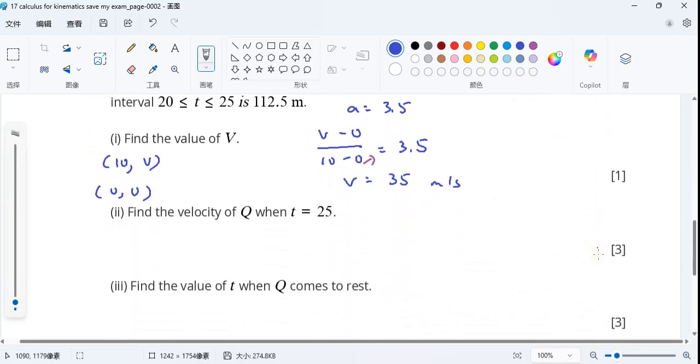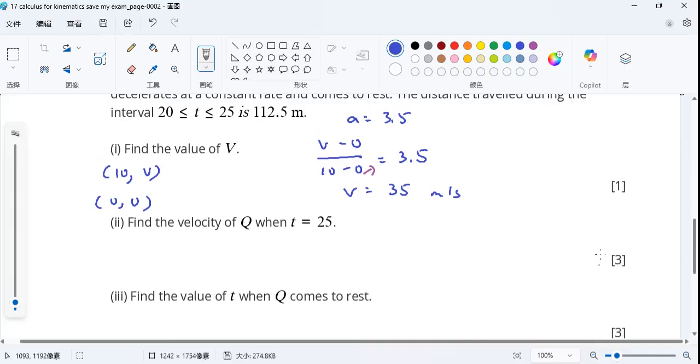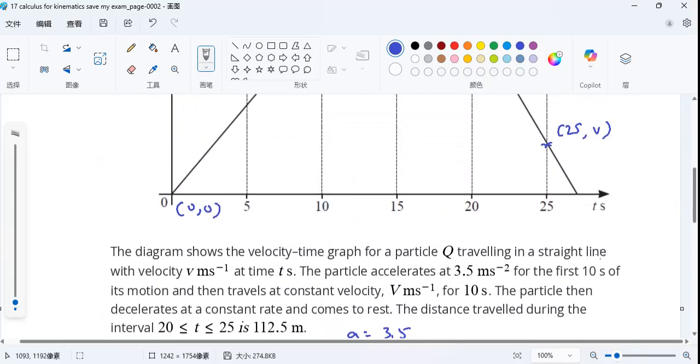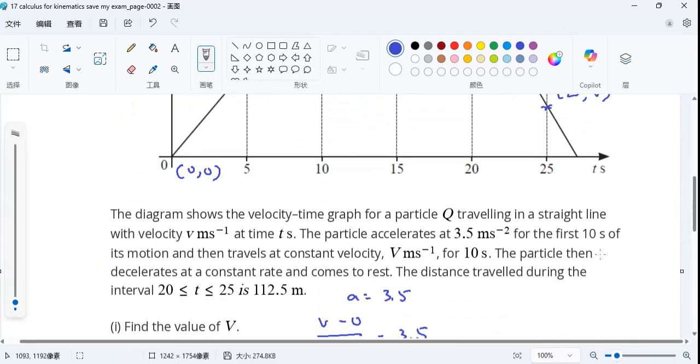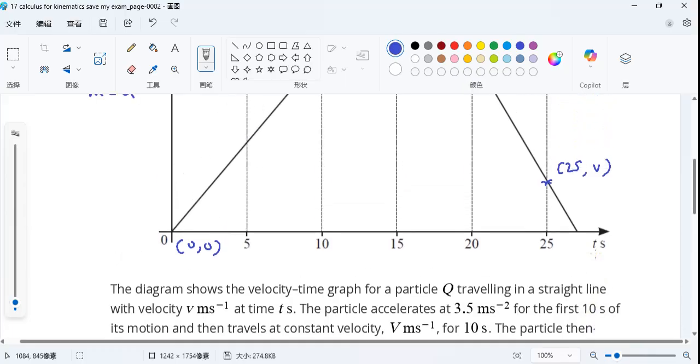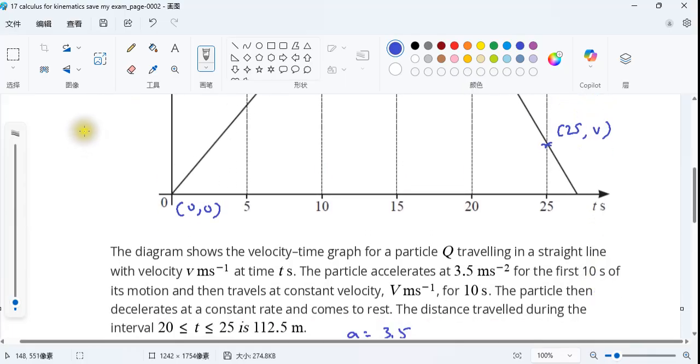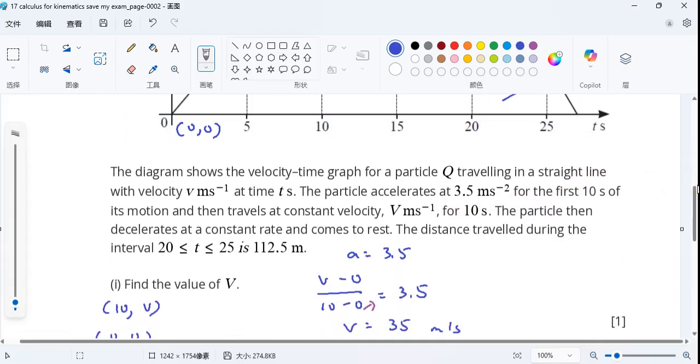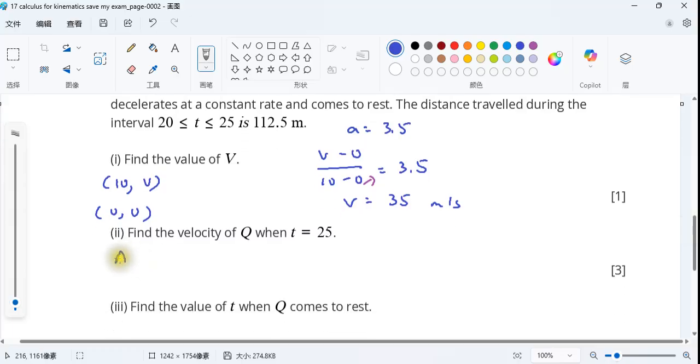Okay, so find the velocity of Q when t equals 25. For a VT graph, we know that the area under the curve is equal to the distance. So the area is 112.5.